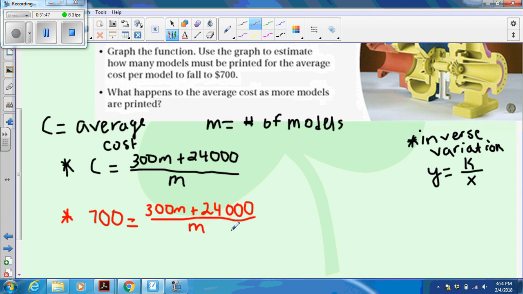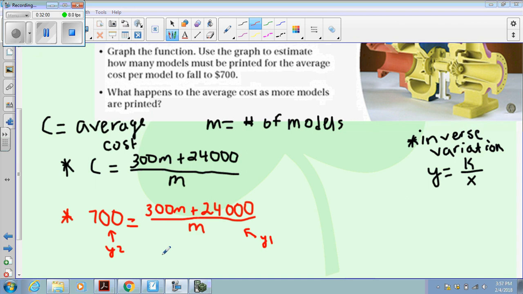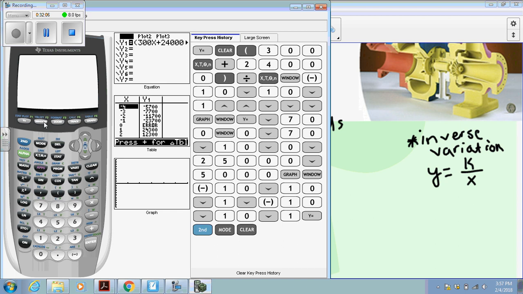Just like we've done before, we're going to plug this into your calculator. Make this, you can say this, our y2, and then our equation as y1. So you will be needing a graphing calculator for this. So let's go ahead and plug this into our calculator. So 700 is our y2, this is our y1. So go to your y equals. I already have it in here. Now remember, we only deal with x's on our calculator.